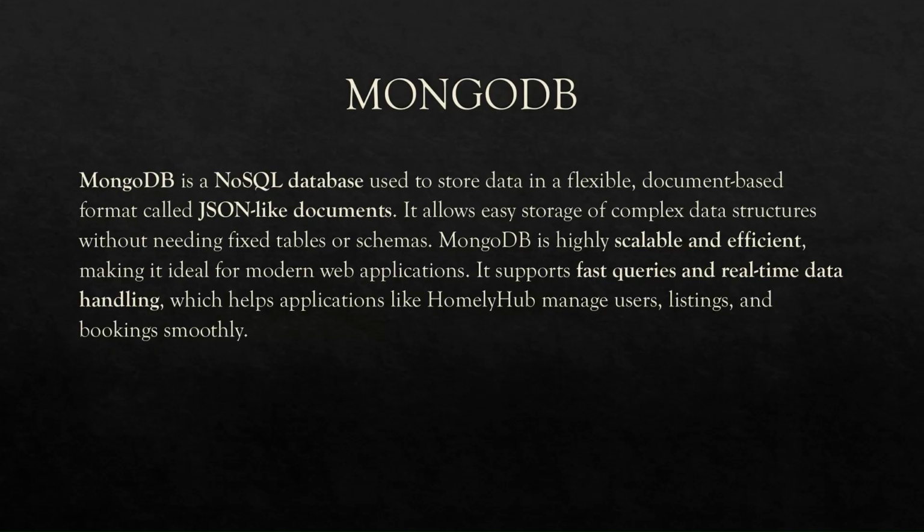It supports fast queries and real-time data handling, which help applications like Homely Hub manage user listings and bookings smoothly. We have used three different collections: one for users, another for property listings, and the last one for bookings.